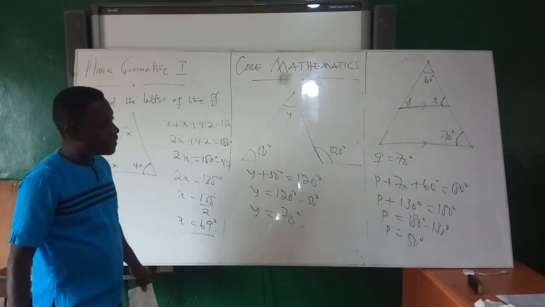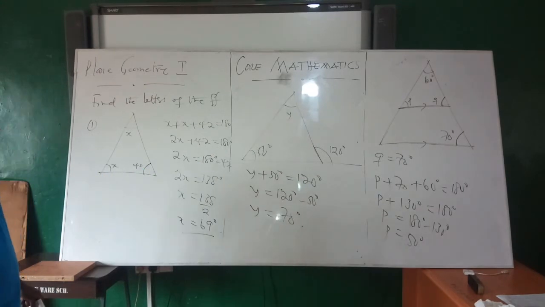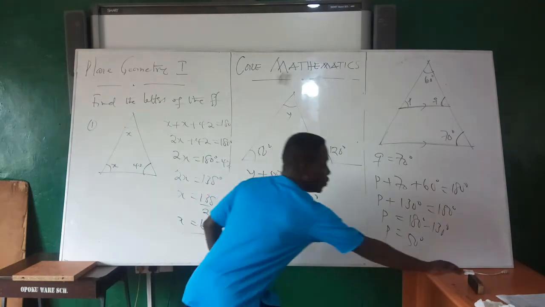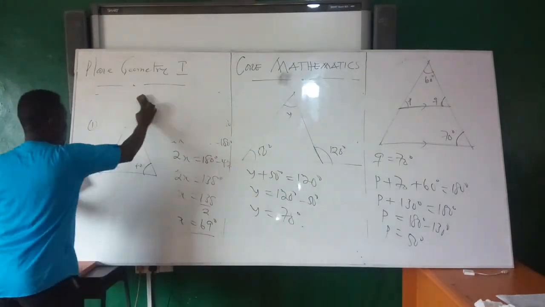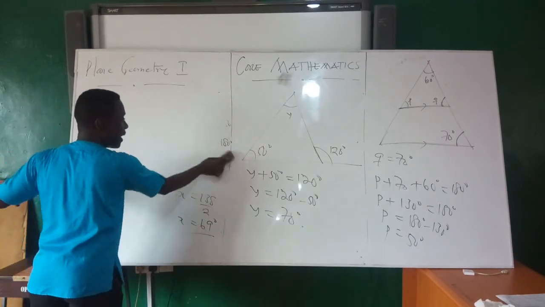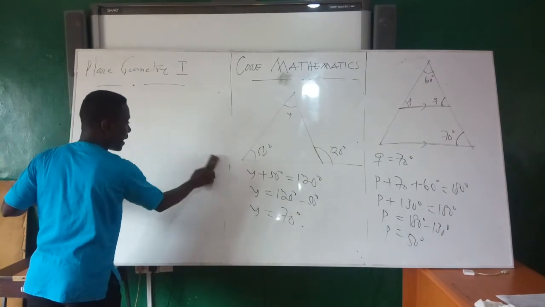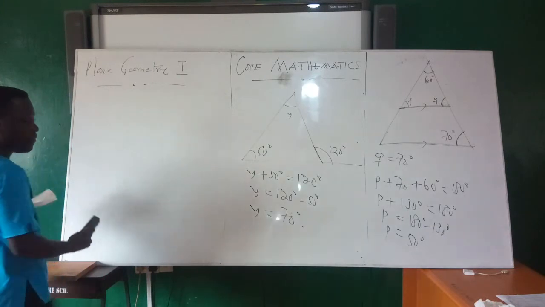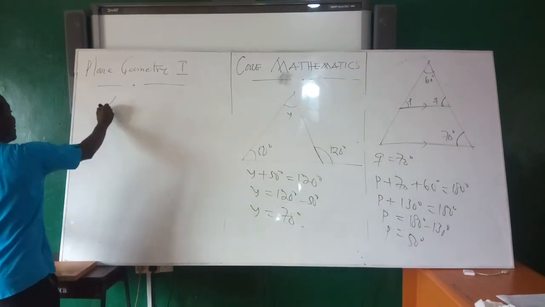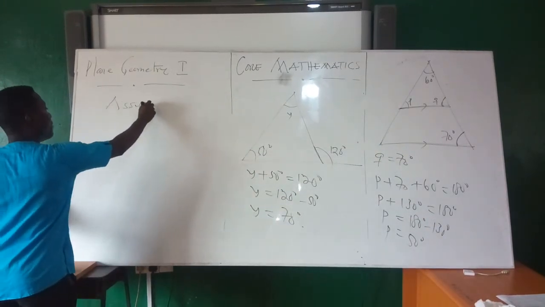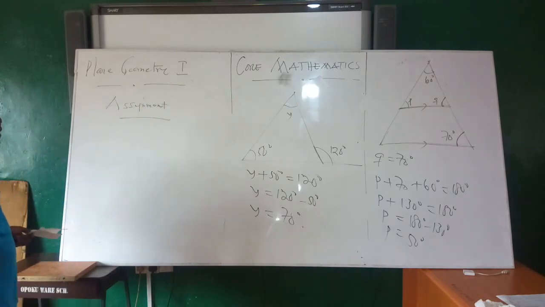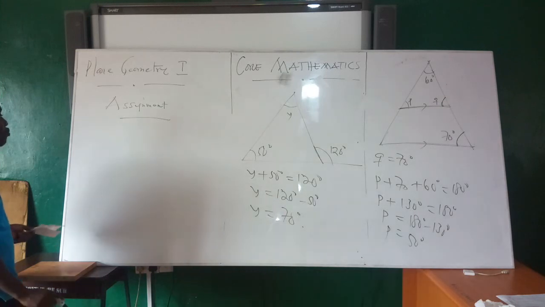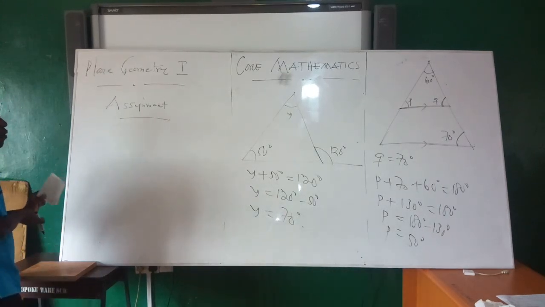So basically that. With this, I will end today's lesson, and then I'll give you just one example for an assignment. Today we have looked at an additional 5 basic properties: 3 of them under what I call the general angle properties, and then 2 of them under what I call the specific.